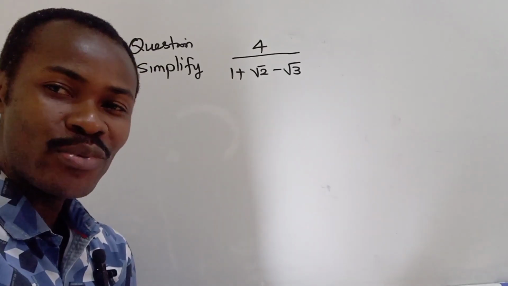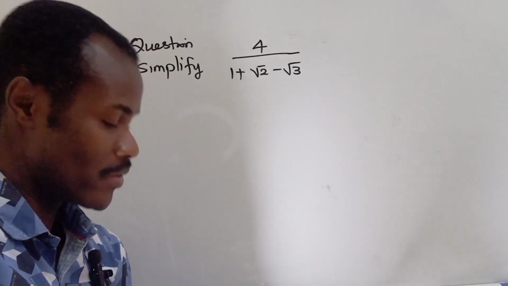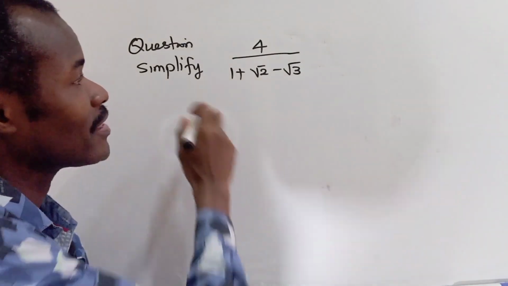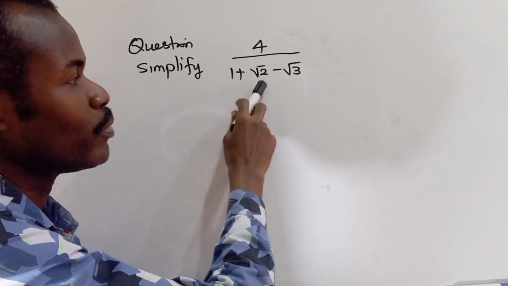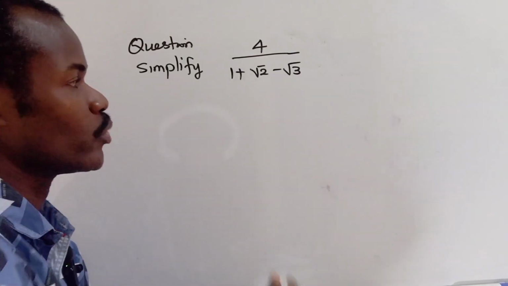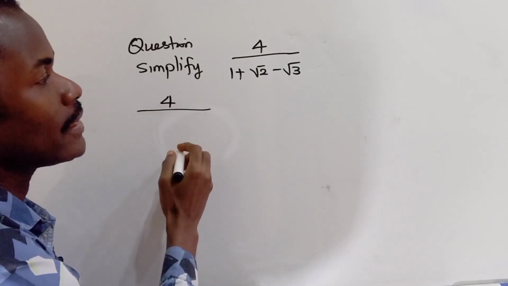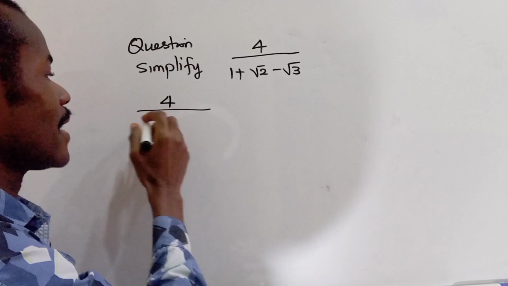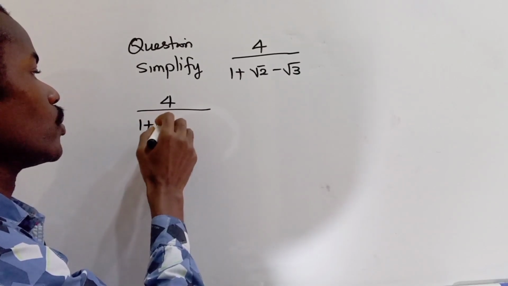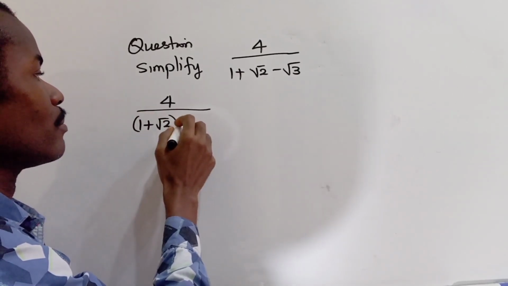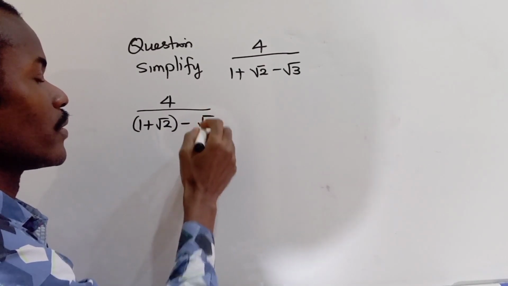Alright, so let's look at this problem on the board. The question is to simplify or divide 1 plus root 2 minus root 3. Now there are two approaches with which we can solve this. I can decide to say 1 plus root 2 in brackets, minus root 3.